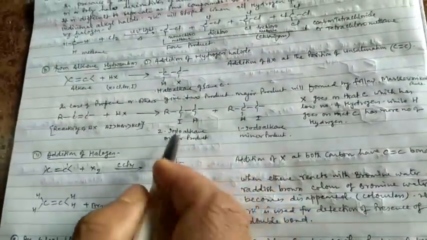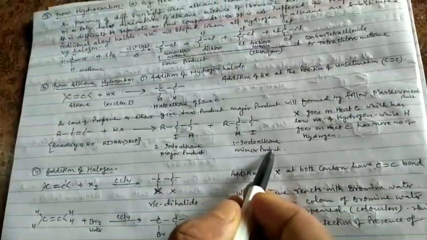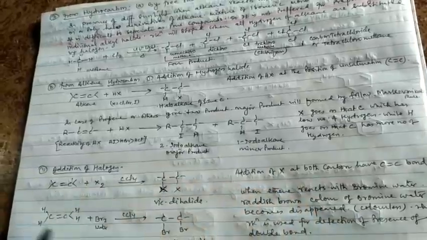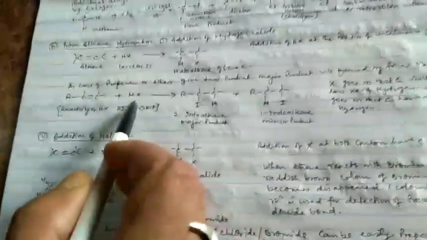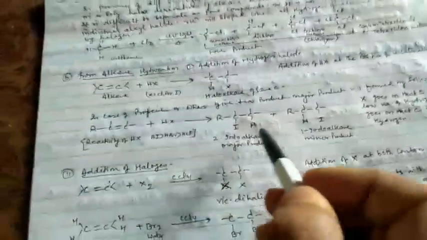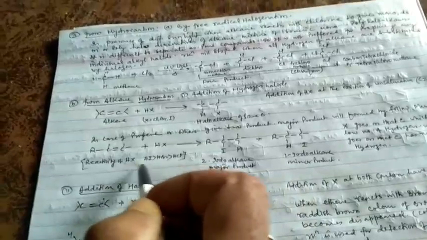Two products, 2-iodoalkane and 1-iodoalkane, form when propene or another alkene reacts with HCl, HBr or HI.